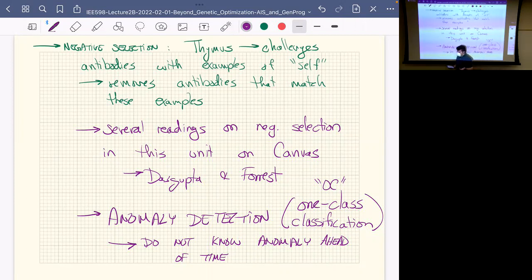Yeah, and so autoimmune disorders are where your body attacks itself. That's really troublesome, because basically it means that your body has figured out how to make something that it doesn't know how to filter out.